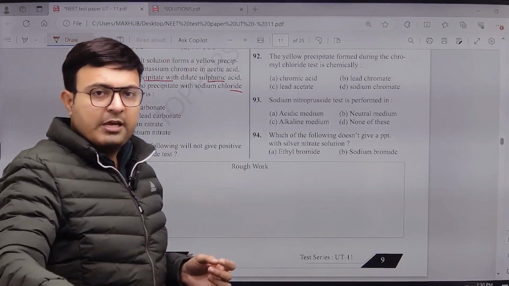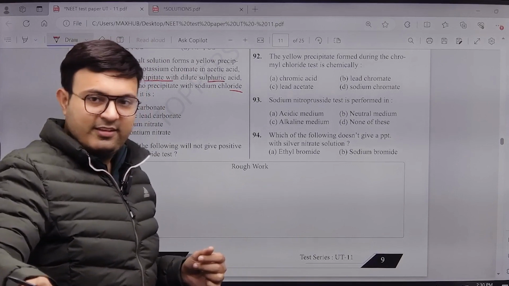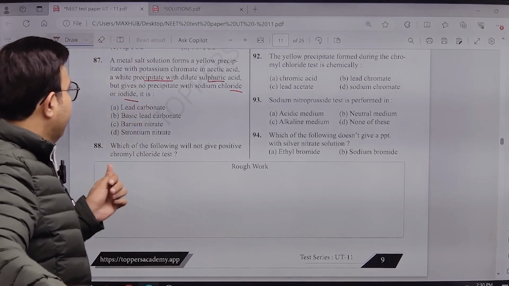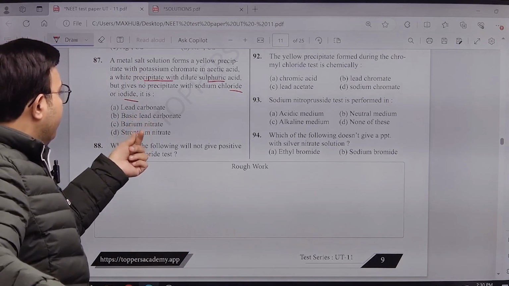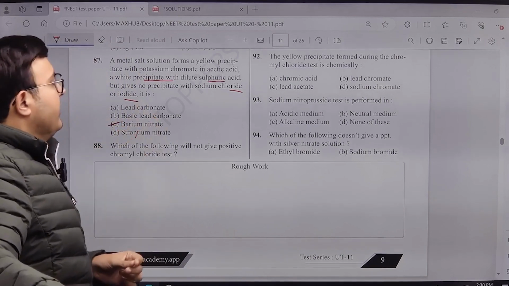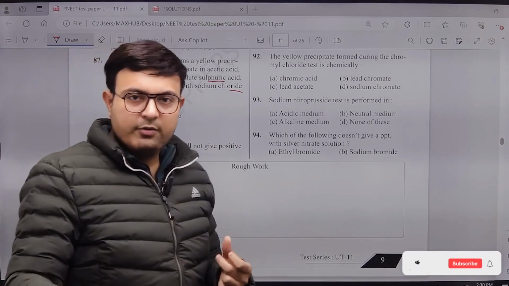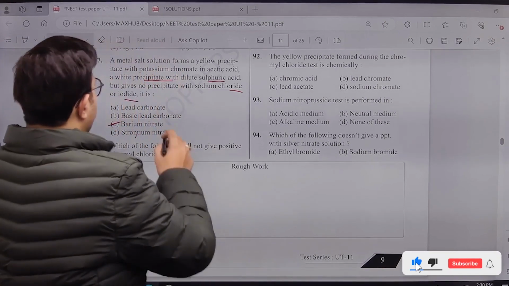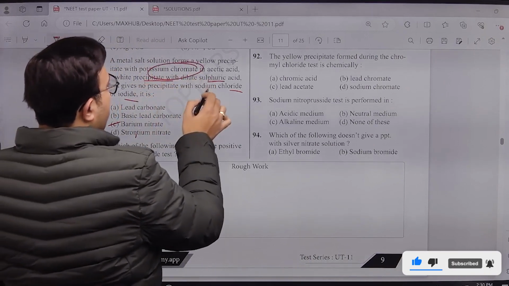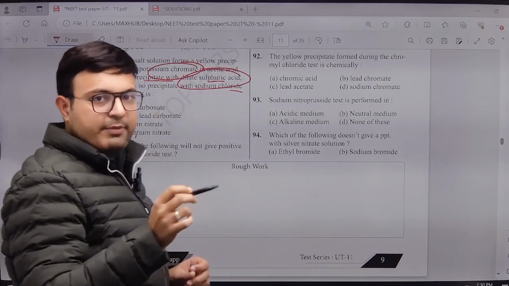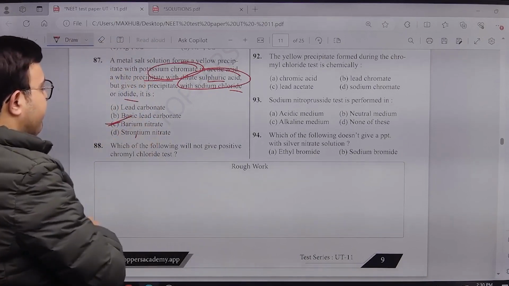So this type is given by your barium nitrate. Barium gives yellow precipitate as barium chromate and white precipitate as barium sulfate. So the correct answer will be barium.